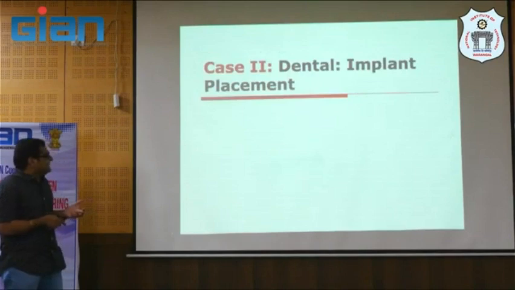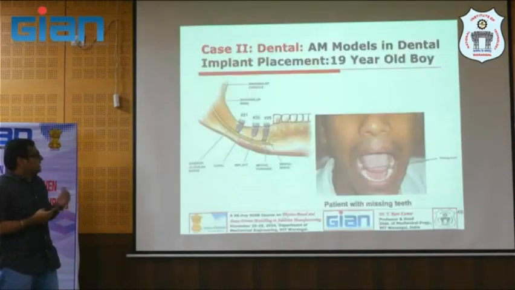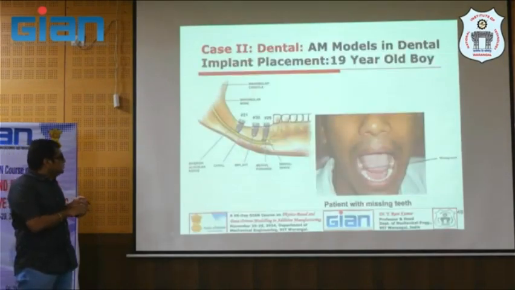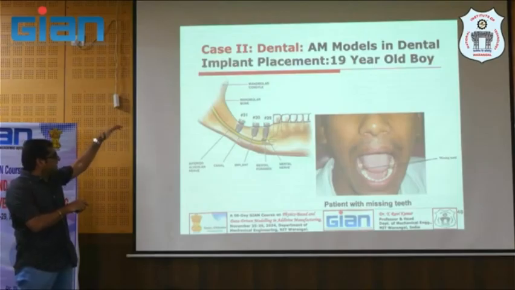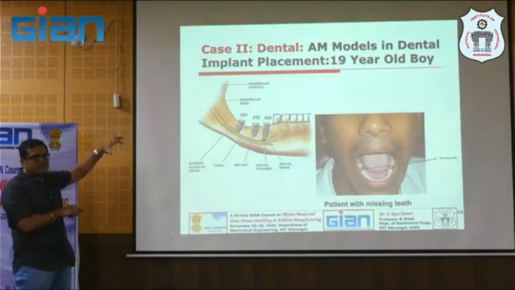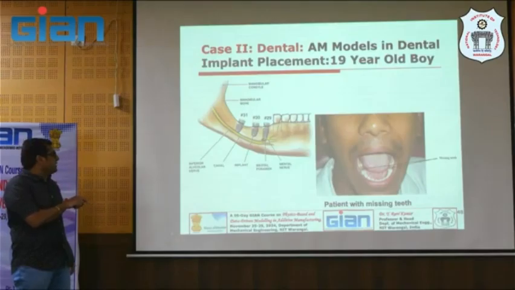And the next case study is a dental case study. As I already said, you have this kind of a nerve here, and through the conventional method they will take an impression. Taking an impression, you will get only the outer surface information of the jaw, but not the inner, the inferior alveolar nerve, and ultimately they are going to fix this screw, and by chance they may under drill or over drill, right?